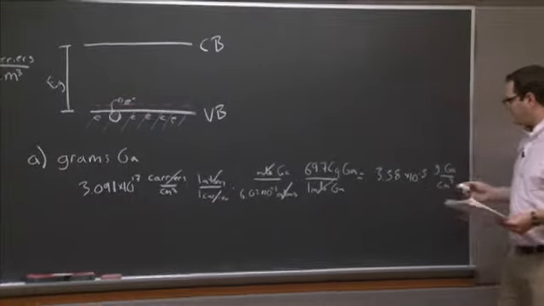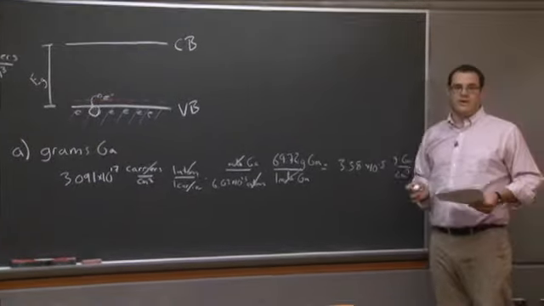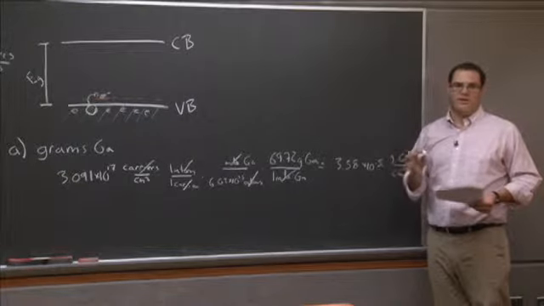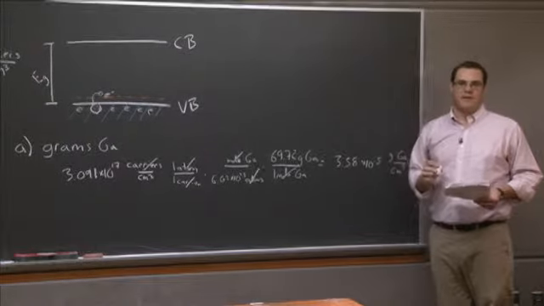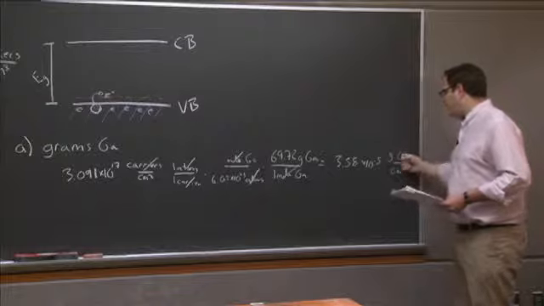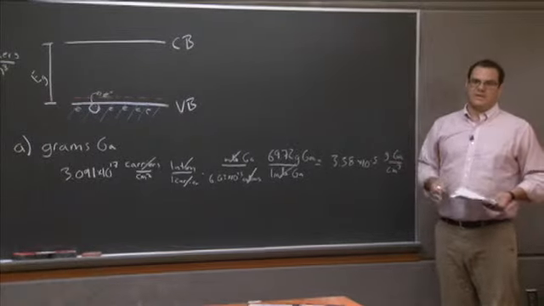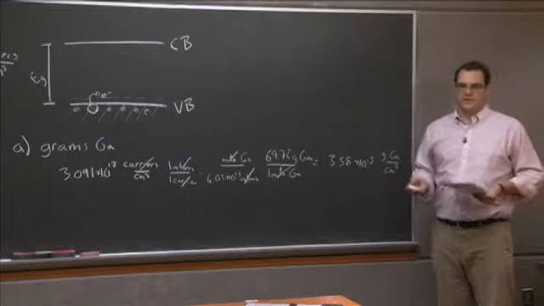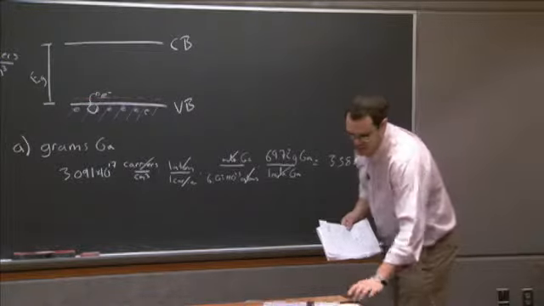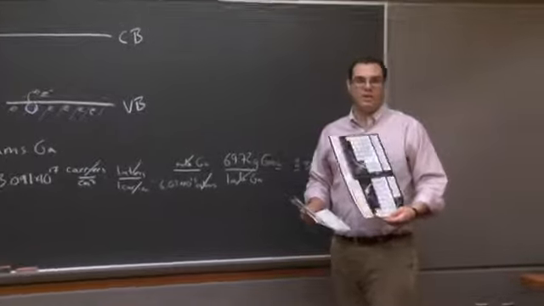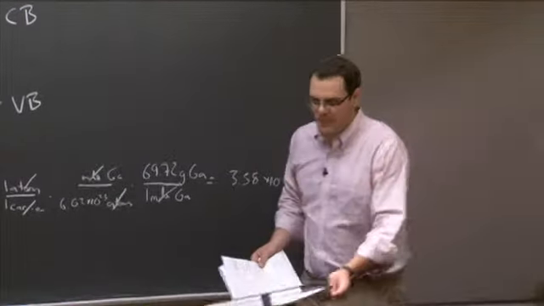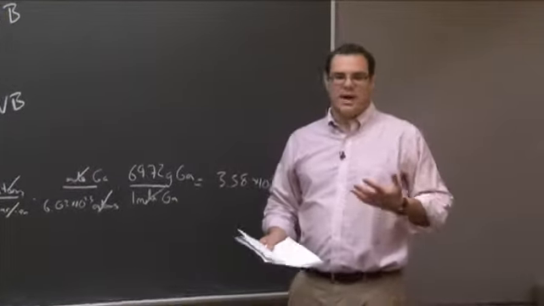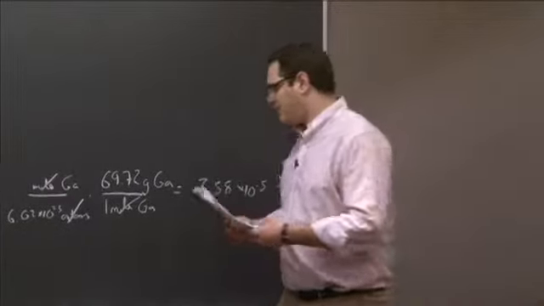So, looking good. We're pretty close to the answer, but we don't actually have the answer yet. Remember, we're looking for total grams of gallium, not how many grams per centimeter cubed. That's pretty easy because we're told that we have 1 kilogram of germanium, and we know the density of germanium from our periodic table. So we can back out how many centimeters cubed of germanium we have.